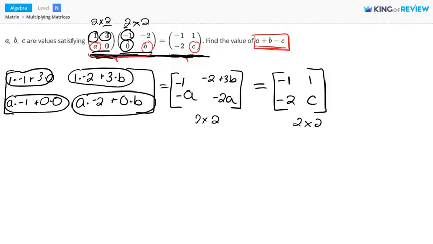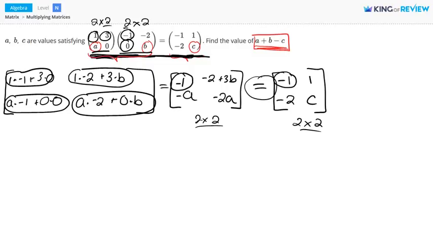When we have two matrices of the same size that are set equal to one another, we know that corresponding entries are equal. So the upper left entry, or column 1, row 1, is equal to the upper left-hand entry over here. And this is true. Negative 1 equals negative 1.